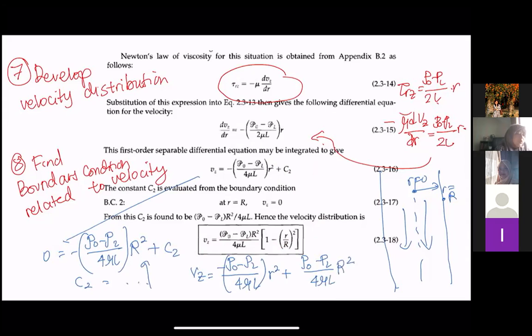Okay, and this one is rearranged into that part. They take out the constants there, and then make it like this.